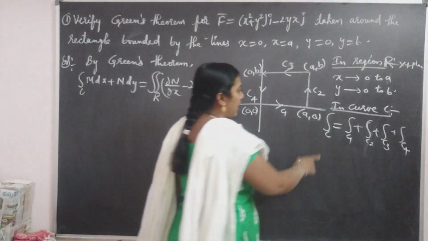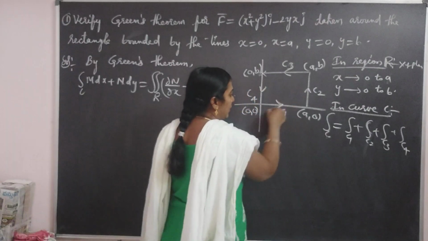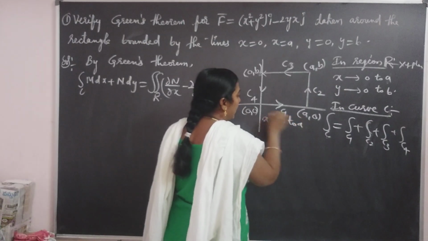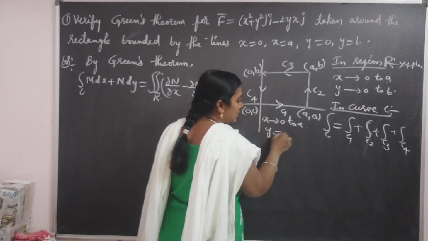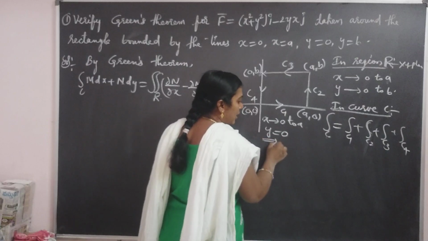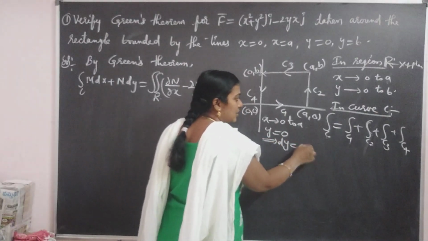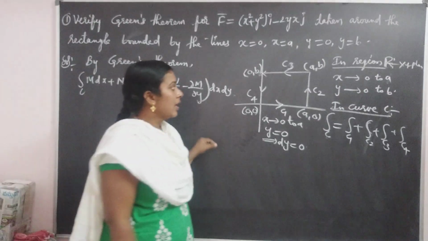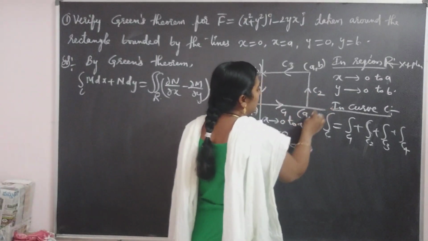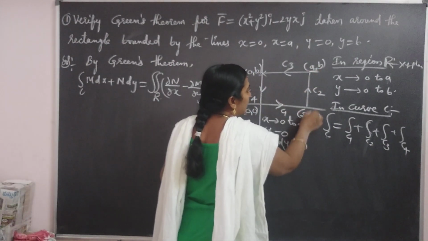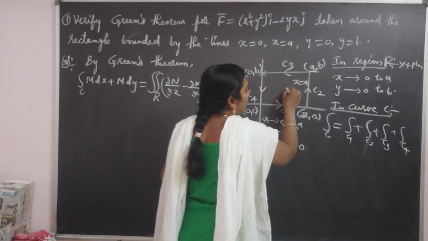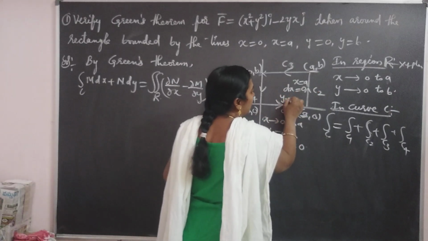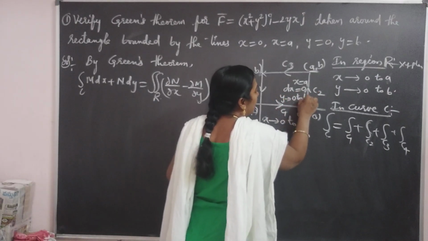Along C1, x limits are from 0 to a. Here y is constant, y equal to 0, so dy is also equal to 0, since the derivative of a constant is 0. In C2, the constant value is x equal to a, so dx equal to 0, and y limits from 0 to b.